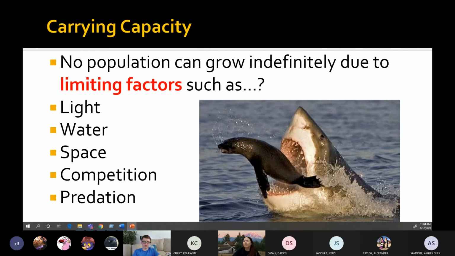And we've discussed the limiting factors before, like the amount of light, how much water is available, the amount of space, the number of competitors or other organisms, and also predation as well. So all different types of limiting factors, and based on the species, you could have other ones as well. Like we talked a lot about nitrogen being a limiting factor for plants.